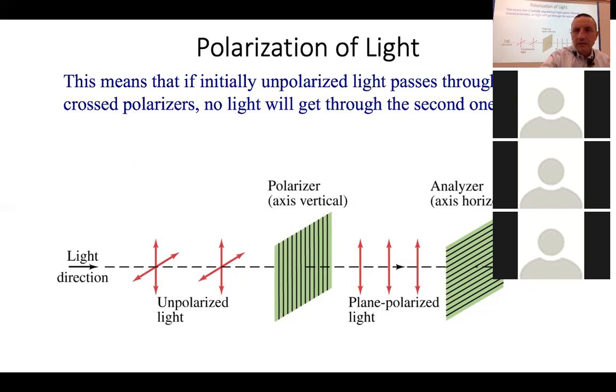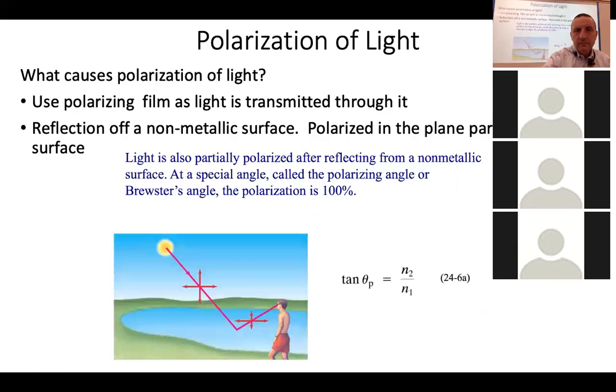Okay, so we have one last slide with polarization. That's how we can polarize things using polarizers. But in nature, light kind of gets polarized itself when it reflects off of flat surfaces and shiny surfaces, glass, water, that kind of thing.